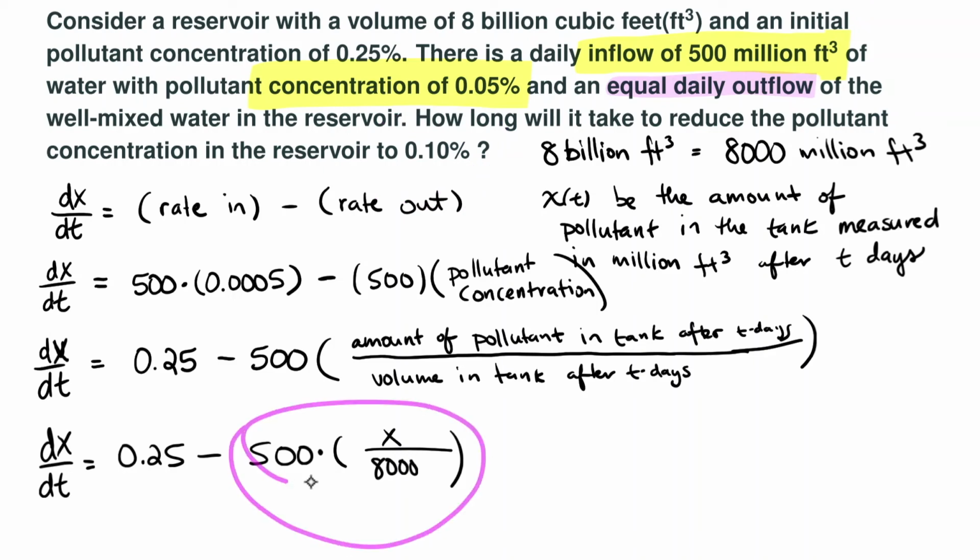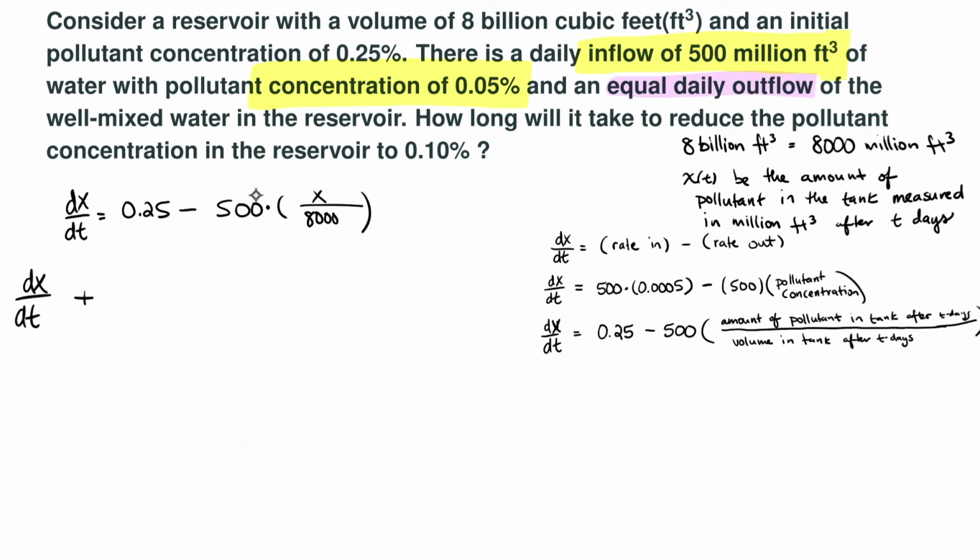Add this term to both sides. Now as we add this over, 500 divided by 8,000 simplifies to 1 over 16. x equals 0.25. We see our term that will join with our integrating factor.